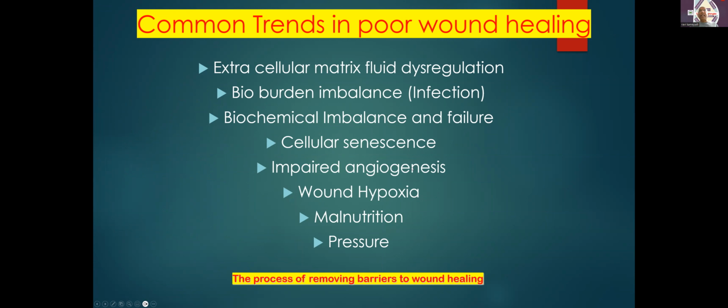wound healing, which is contrasting with a cancer situation, where there could be excessive angiogenesis and growth of the cancer cell, whereas in wounds there is impaired angiogenesis. If you think about it, there are extremes of angiogenesis, one with cancer and the other extreme with wound healing.